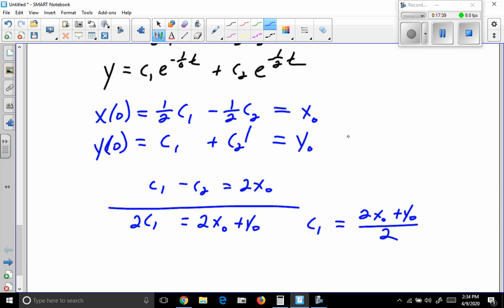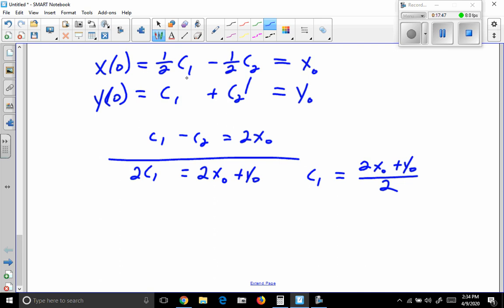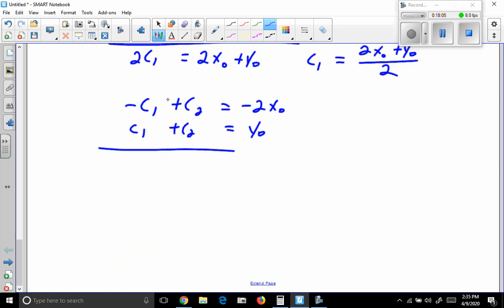If we multiply that top equation by negative 2, then we would have minus C1 plus C2 equals negative 2x sub 0. Bring down the second equation. When we add those equations together, the C1s cancel, so 2 C2 is y sub 0 minus 2x sub 0. So C2 is (y minus 2x) over 2.